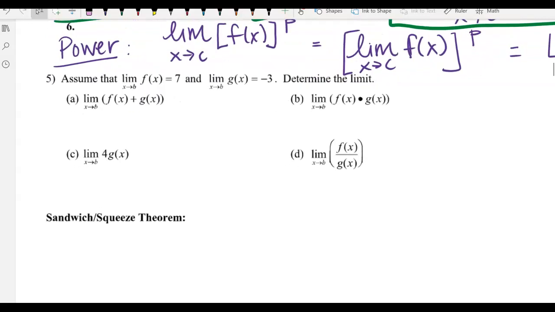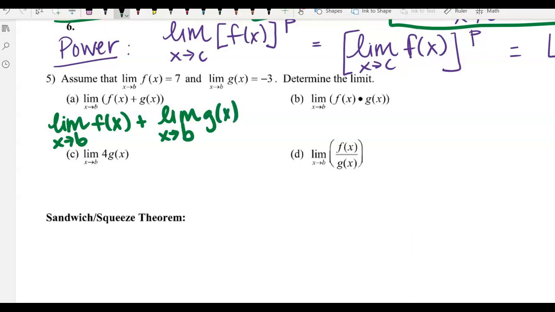They're both approaching the same value of b. Based on our properties that we just got done writing, this is the same thing as breaking this up: find independently the limit of each and then just add them together.